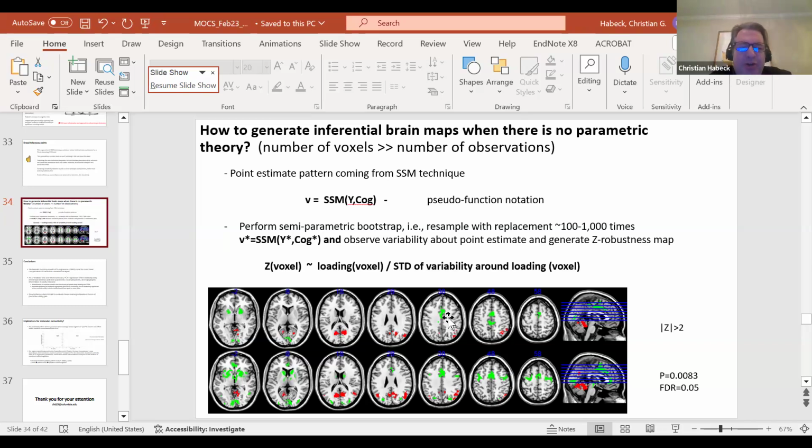Then this question about dual regression, that's ICA-specific work. I guess we could take this pattern and do dual regression and get subject-specific voxel-wise representations of this component. That always seems to me a little strange, because I'm interested in the group invariant pattern.